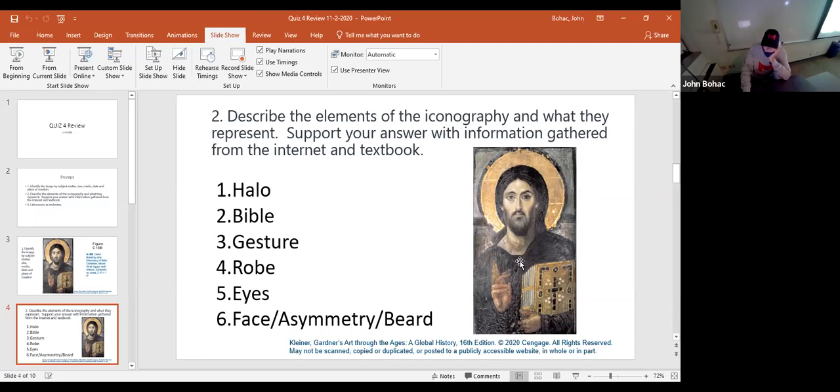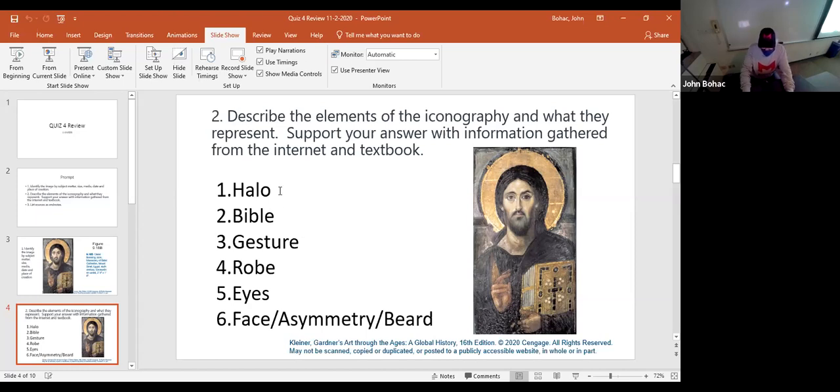Some of you didn't get that so much, and part of it's because after 1600 years or so, the pigment has faded, but this was, and still is if you look carefully, purple. I'll talk about that in a minute. Also the eyes and the face, the asymmetry of the face and the beard.